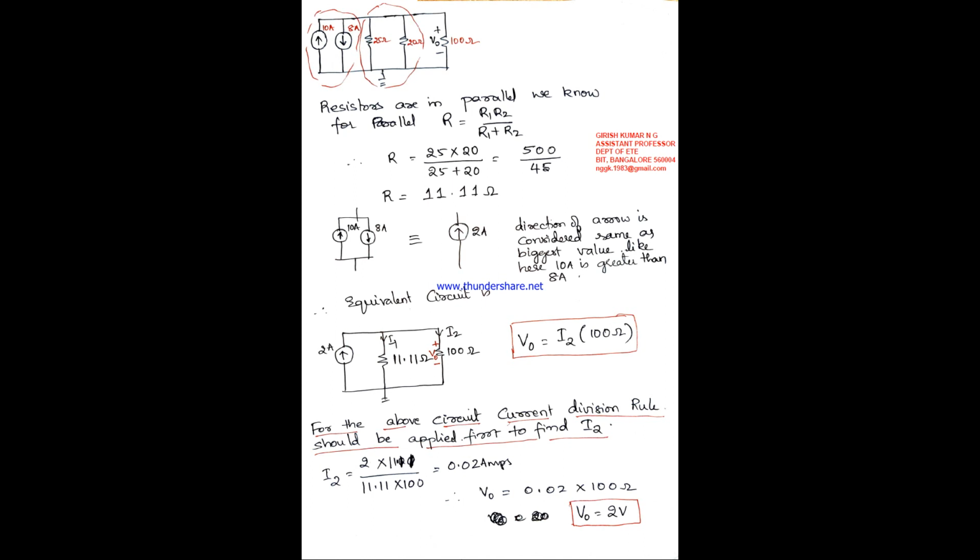If you apply different methods with more steps, you will fall into confusion, and most students don't continue solving problems because they get confused in the middle part of the solution.